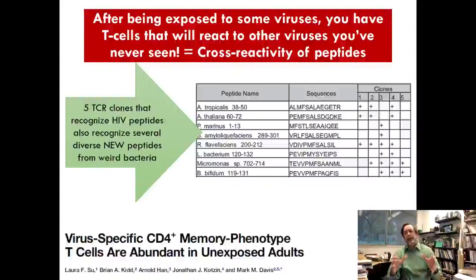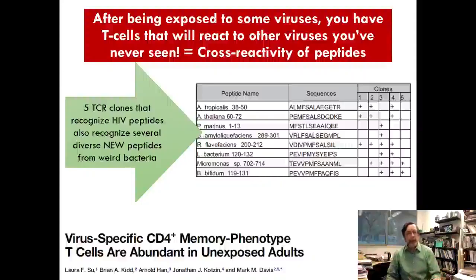They're taking these TCRs from people who have seen HIV, and they found out that sometimes a T cell from somebody who's never seen A. tropicalis would be reacting with A. tropicalis. They'd never been off the continent, and A. tropicalis is only on another continent. They could never have seen this. And they see this over and over again for different ones.